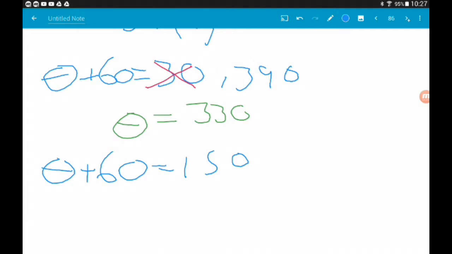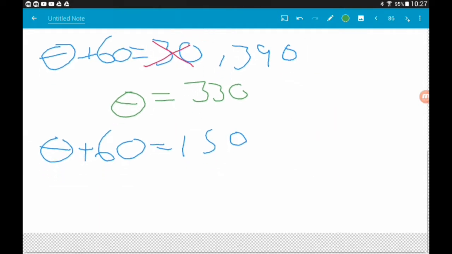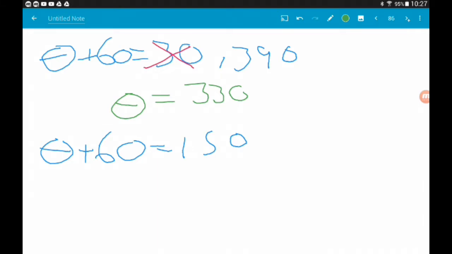Now, if we added 360 to that, we would be outside of our interval, so we're not going to do that. All we now need to do is subtract 60 and we get theta is equal to 90. So there in green are our two values of theta.